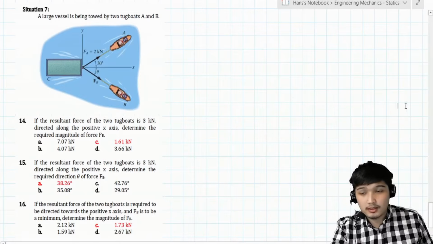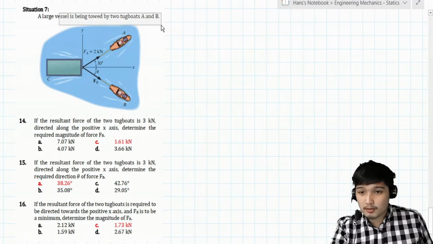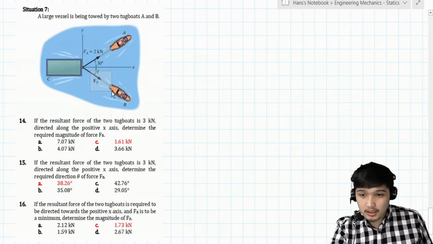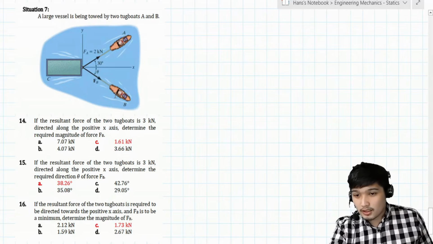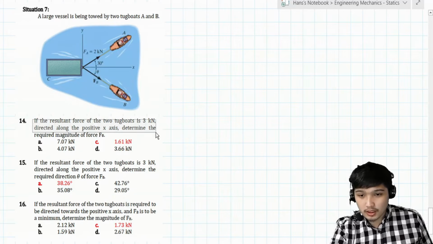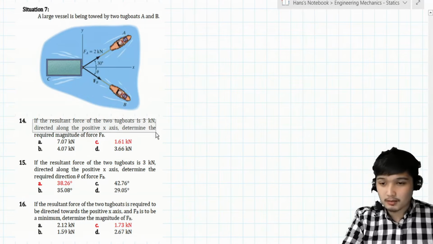Okay, ayan. So, sabi, a large vessel is being towed by two tugboats A and B. So, meron siyang given na force FA, given yung angle of inclination. And then, may FB with unknown direction and unknown magnitude. Okay? So, tinatanong dito, if the resultant force of the two tugboat is 3 kilonewton directed along the positive x-axis.